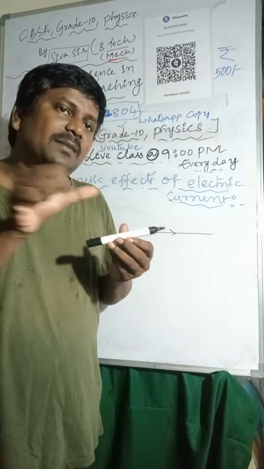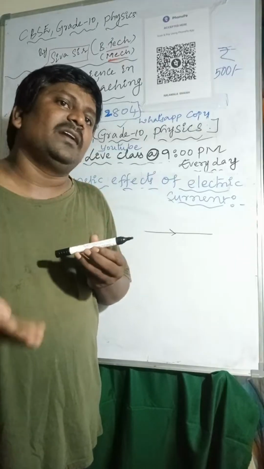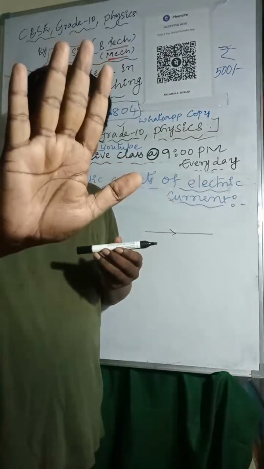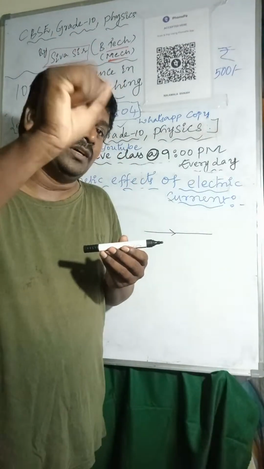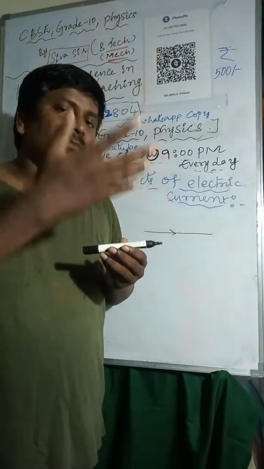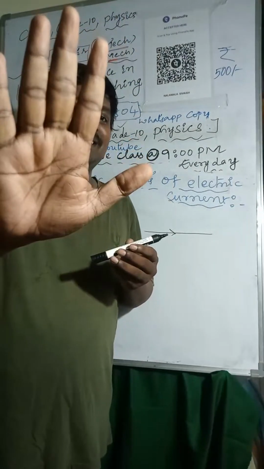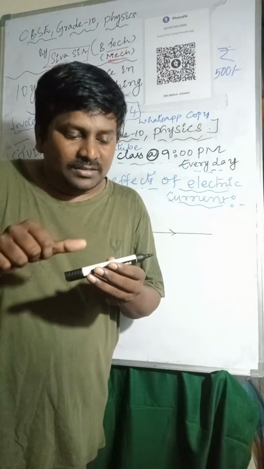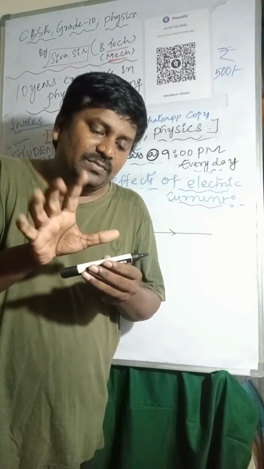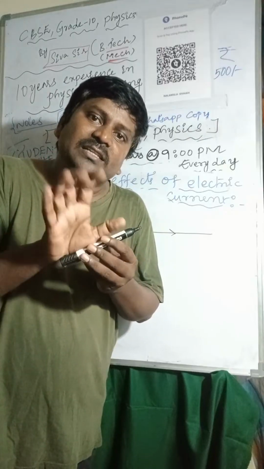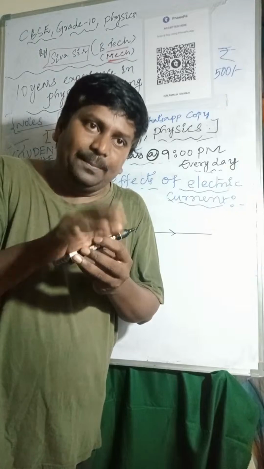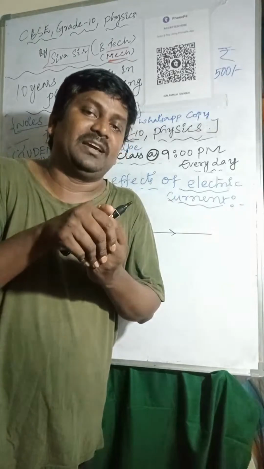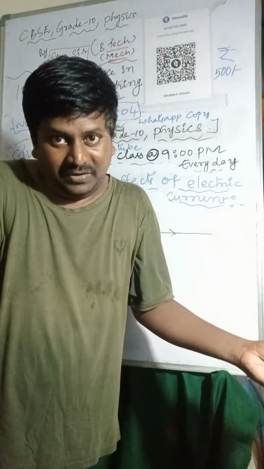If you place the thumb along the direction, how will the magnetic field be? In which direction will the magnetic field be? By using the right hand thumb rule. So this is my right hand, this is the right hand thumb. If you take this right hand, if you place the thumb along the direction of the current, the curly fingers, folding fingers, wrapping fingers, show the magnetic field.